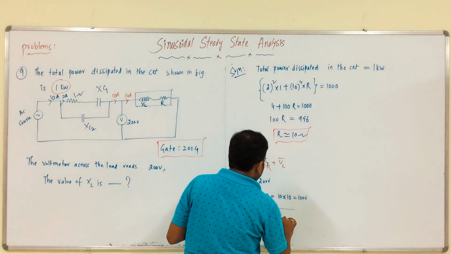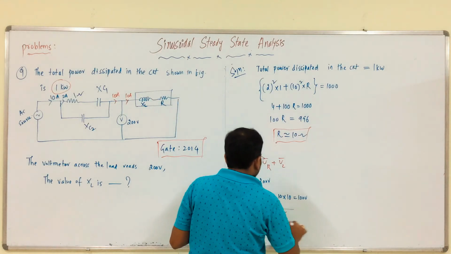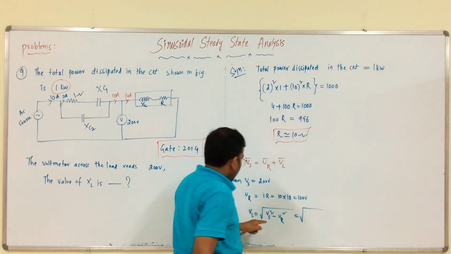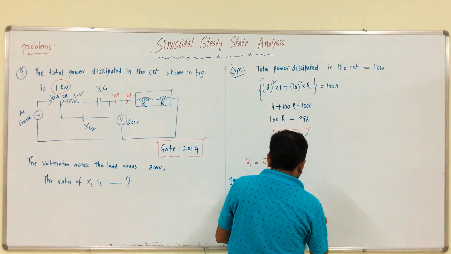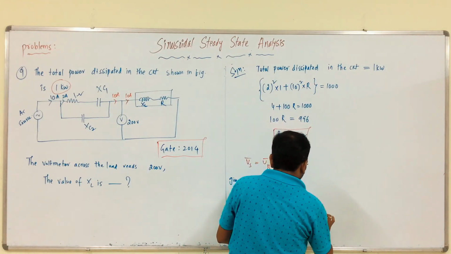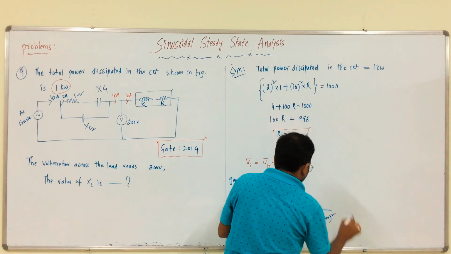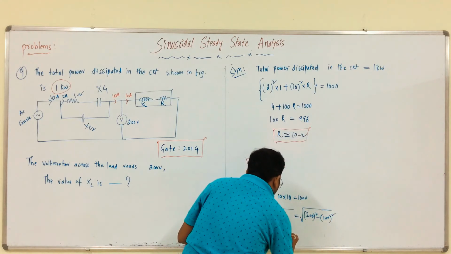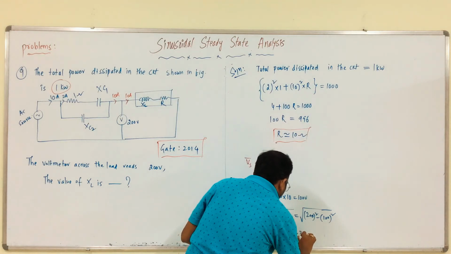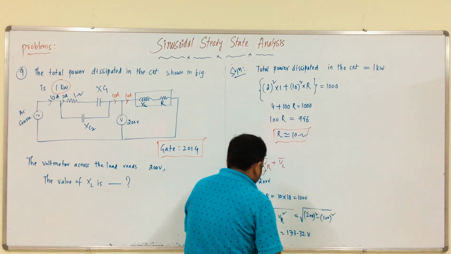Vs square minus Vr square, which equals 200 whole square minus 100 whole square. We can get the value of VL as 173.32 volts.